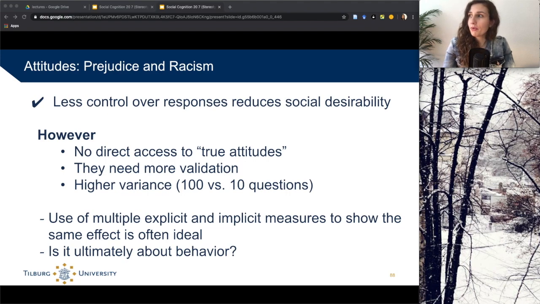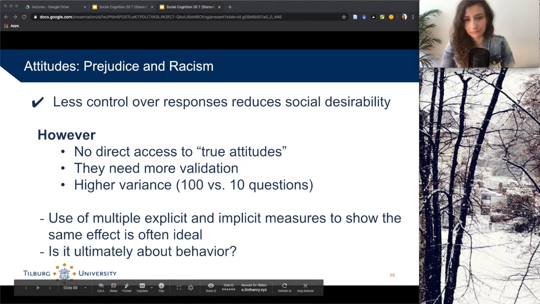So why would it perhaps be a good measure to use this shooter bias for studying prejudice and racism and ultimately actual discriminatory behavior? Well, the idea is that you have still less control over your responses than if I just ask you directly. So this would reduce some of the social desirability. But there's no access to your true underlying attitudes.